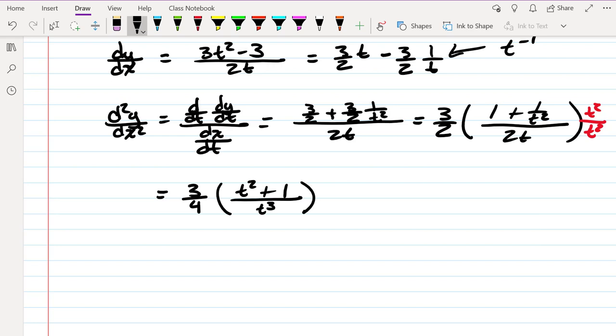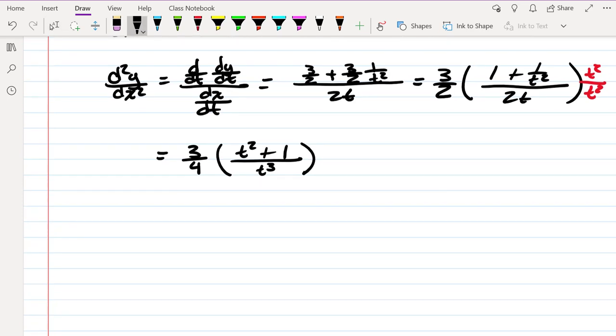And we want to find out, well, where's our graph concave up and where's our graph concave down? So the numerator is always going to be positive, and the denominator is going to have the same sign as t, because it is undefined when t equals 0.